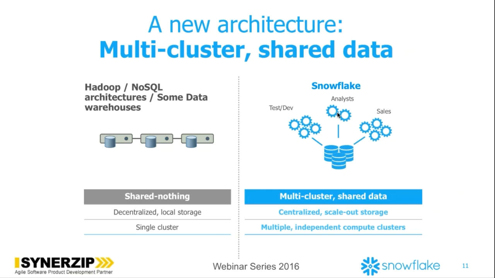It's not the actual data. The data itself is still kept in one shared location. So the data itself is not replicated. You can have different compute instances for analysts or sales or dev or data loading and stuff. So very different from a data mart concept.